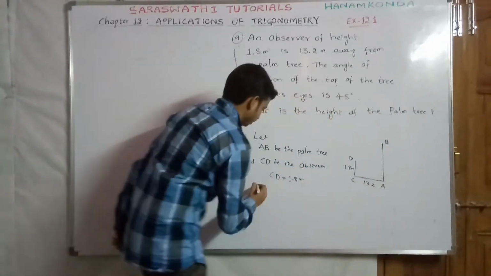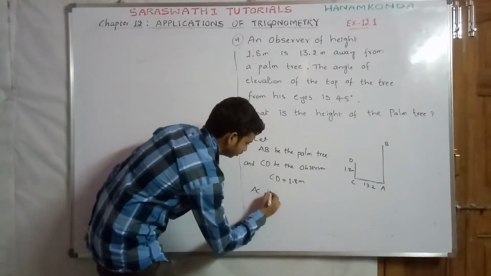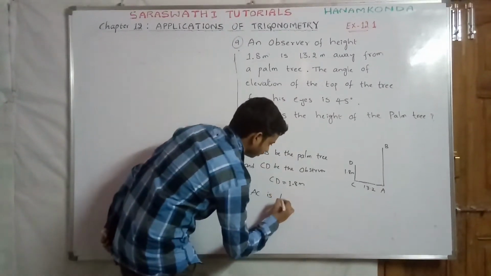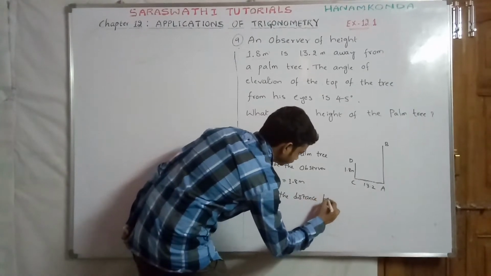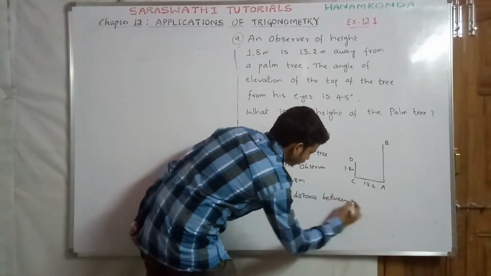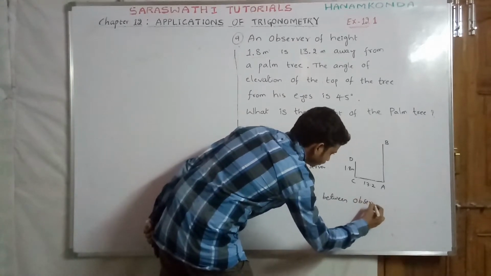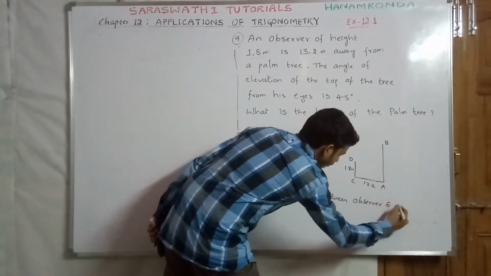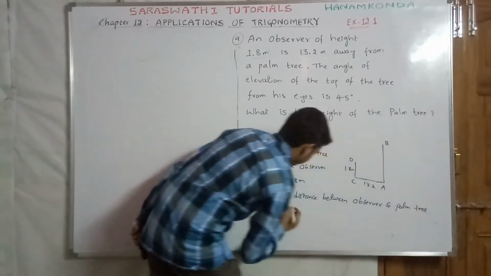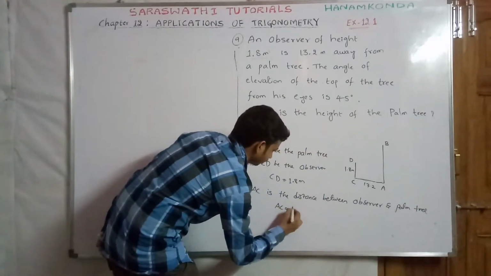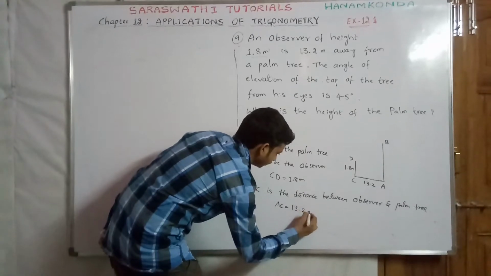So AC is the distance between the observer and the palm tree, which is given as 13.2 meters.